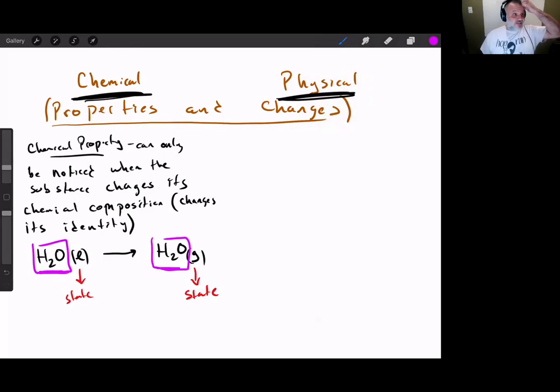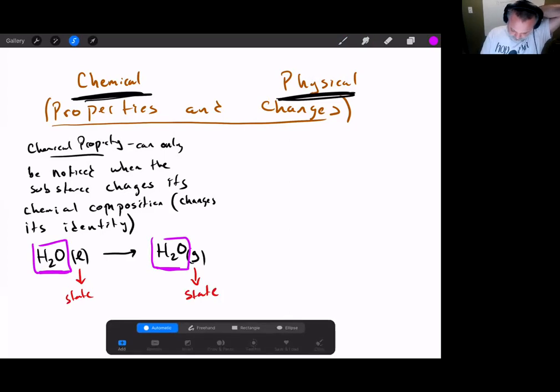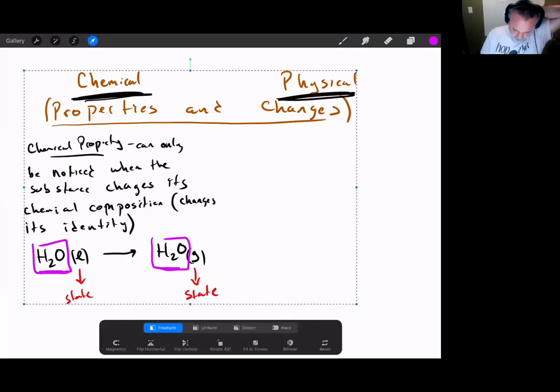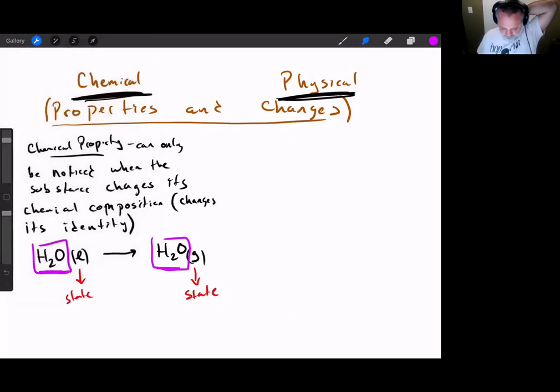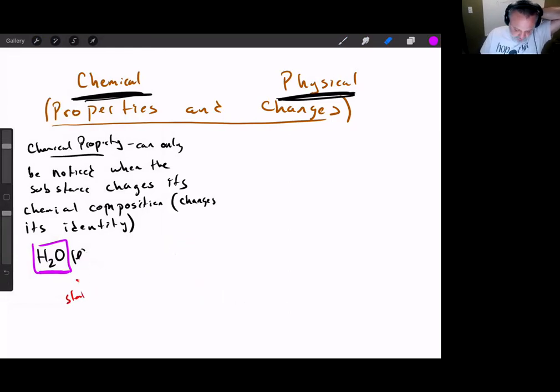So is this an example of a chemical property, the ability of water to change from liquid to gas? It just changed its state. So this is not an example of a chemical change.